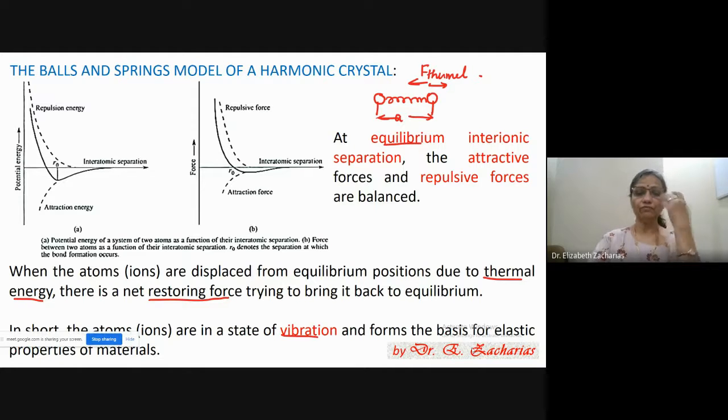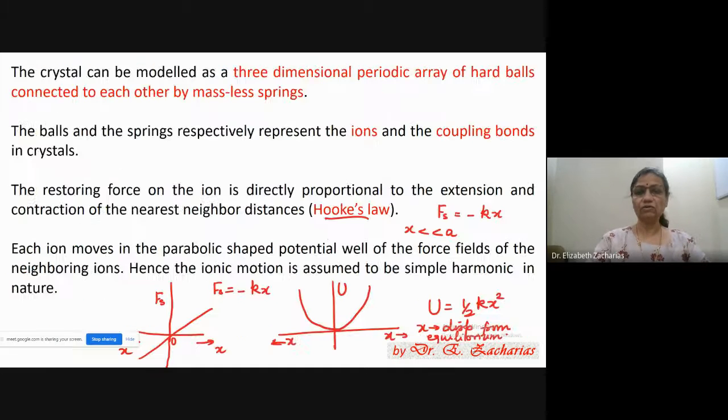At the end of the class, what we decided was that because the displacement from equilibrium is going to be very small, you can assume that it obeys Hooke's law. And Hooke's law was: the spring force or the restoring force is equal to minus kx.